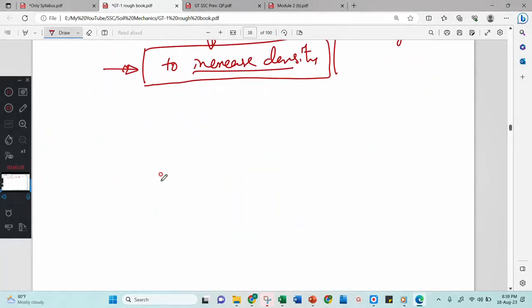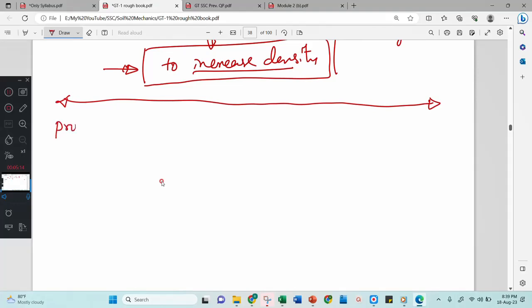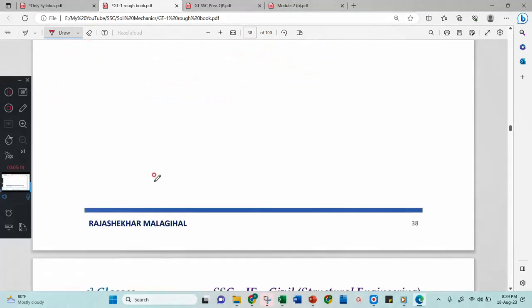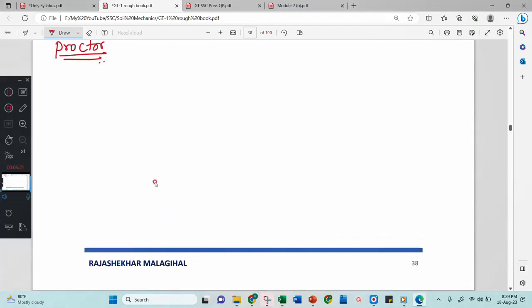Now look here, compaction was first studied by the scientist Proctor. He did one small experiment. I will first explain it with the three-phase diagram, later with the exact experiment. He considered a dry soil.